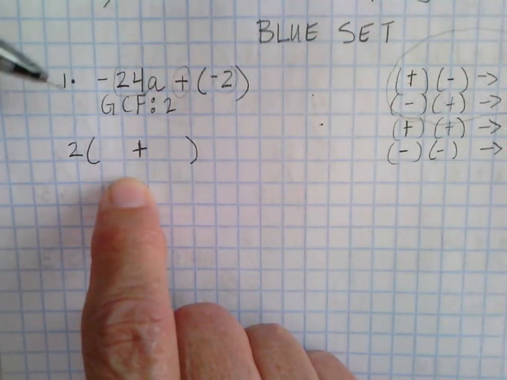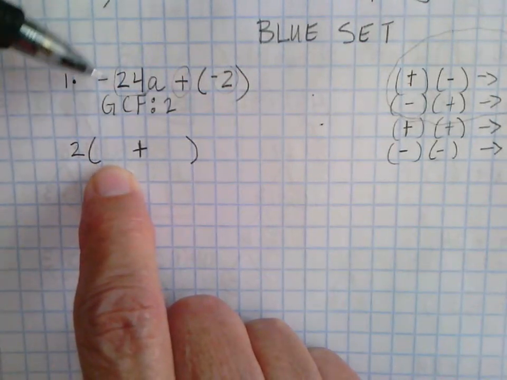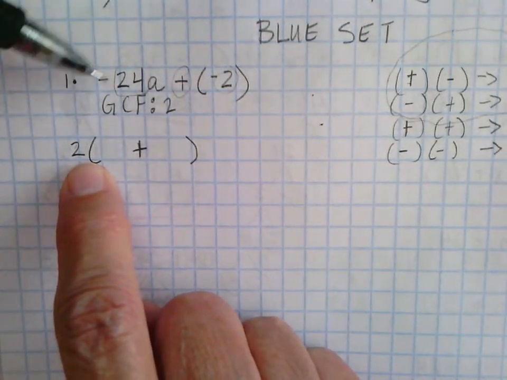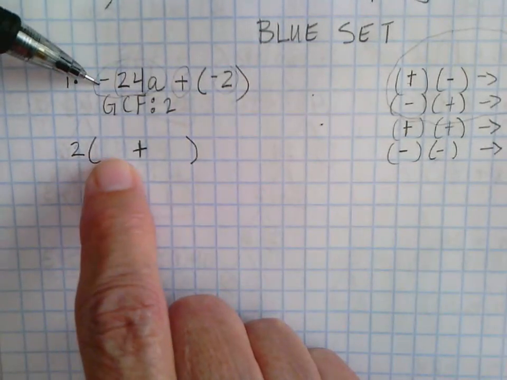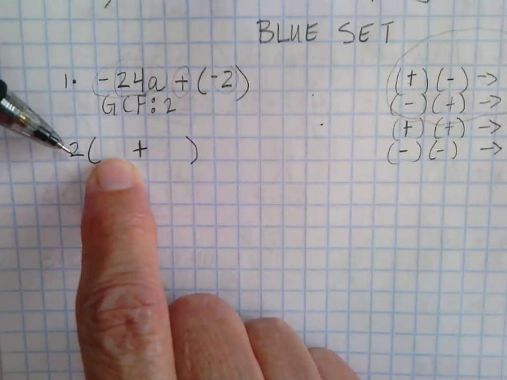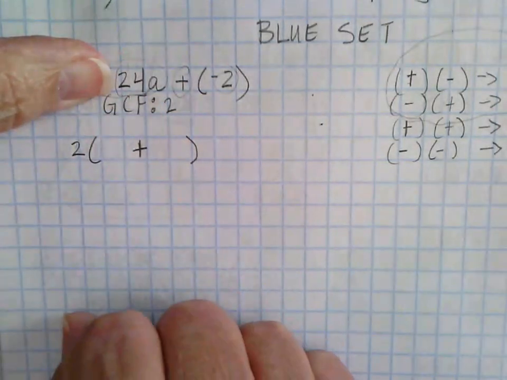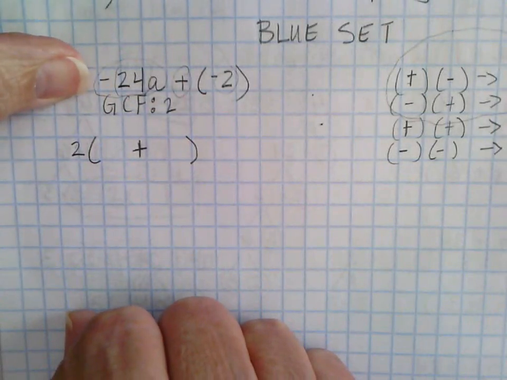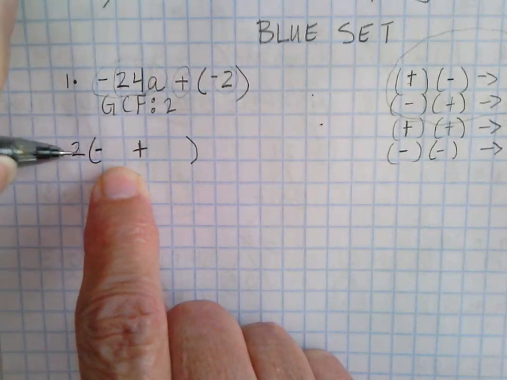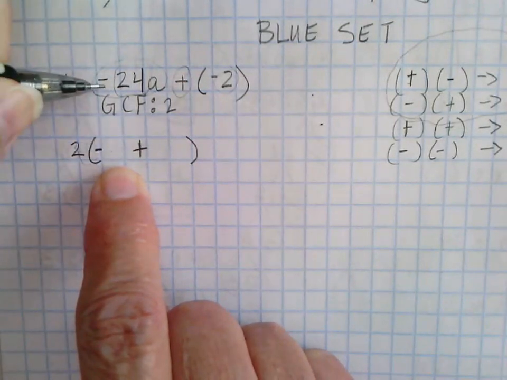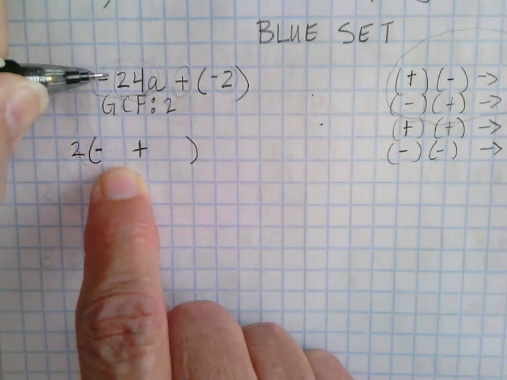So this time the only difference is I'm going to be asking myself, 2 times what number would give me a negative 24a? Well, I know that if the negative wasn't there, my answer would be 12a. But because I need a negative answer, after I distribute the 2, I have to have a negative for this value.